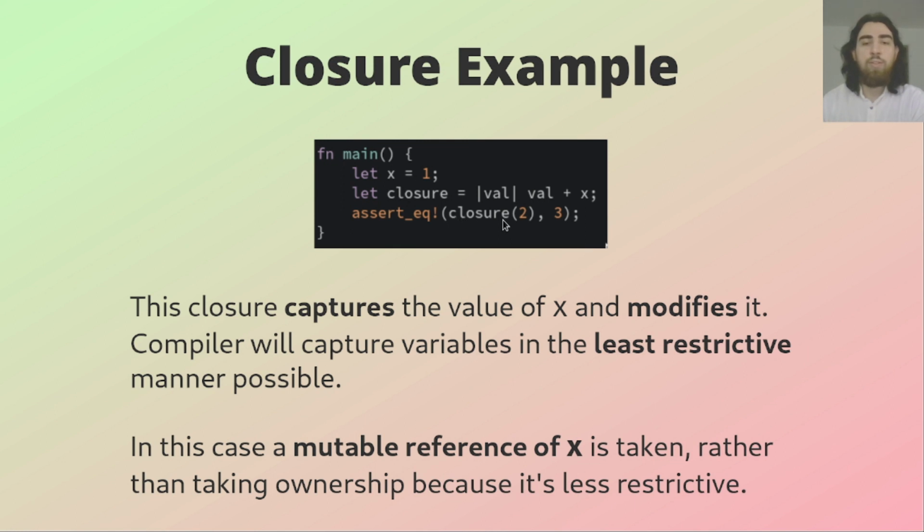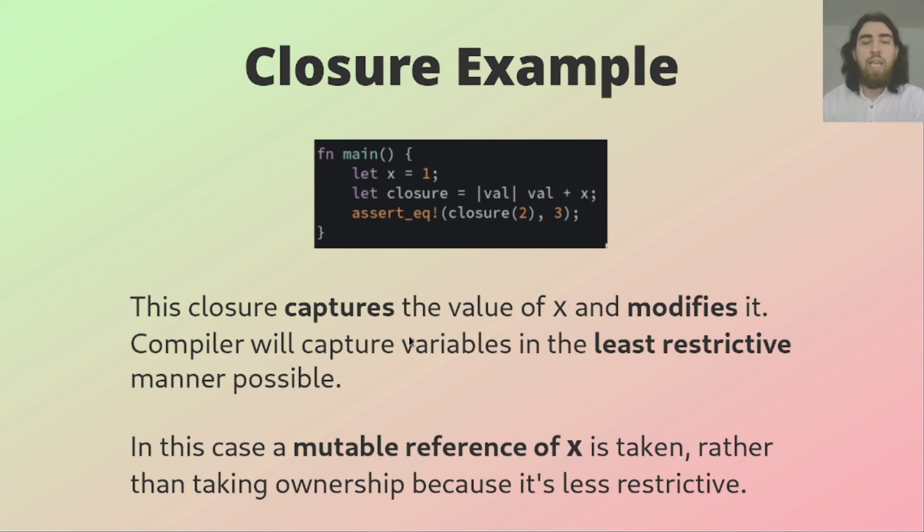So in this case, we call the closure using the variable name closure and then providing it an argument, right? So actually this closure call should evaluate to 3 because we provide 2 here, meaning val will be 2 and adding x, which is 1, so 2 plus 1 will be 3.